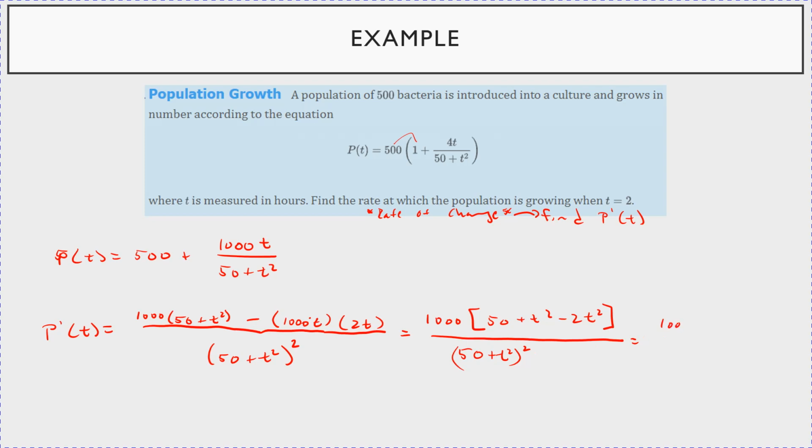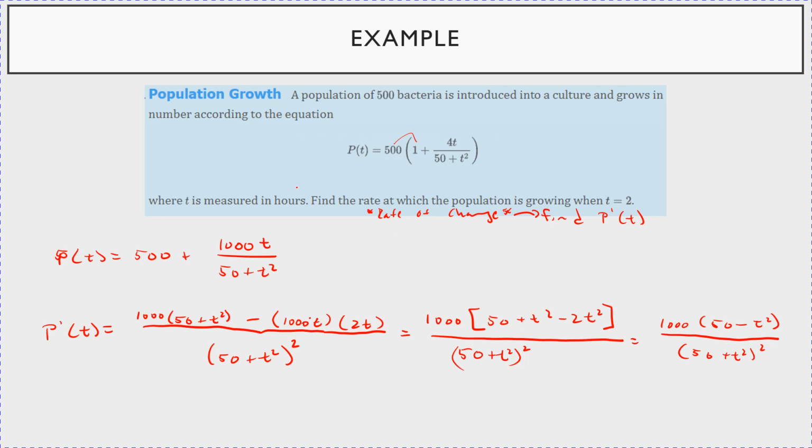So look, this ends up just being 1,000 times 50 minus t squared all over 50 plus t squared squared.